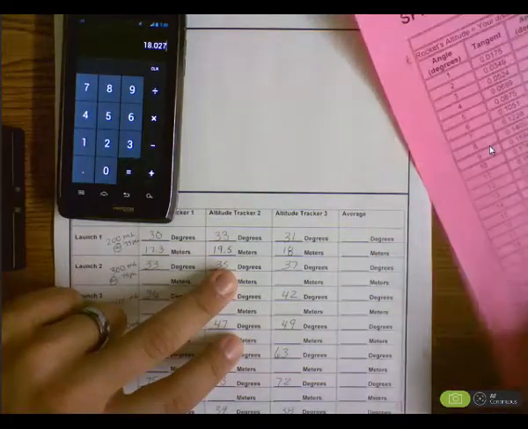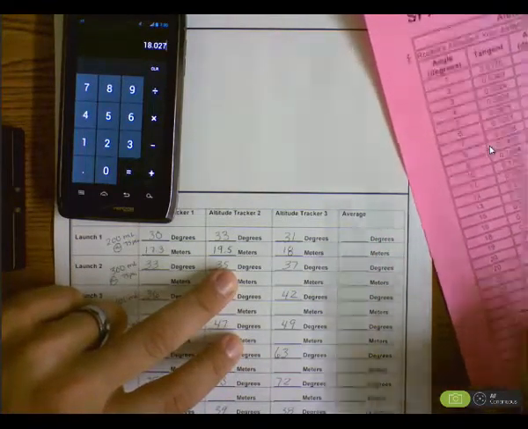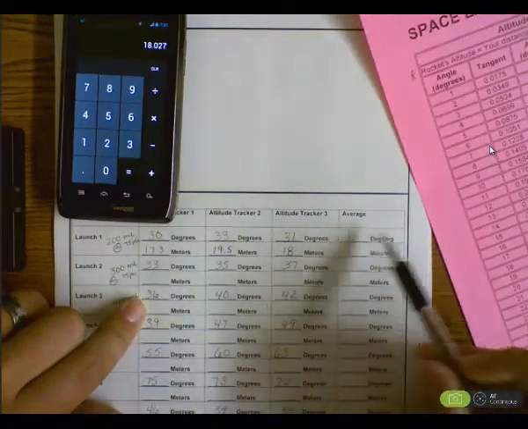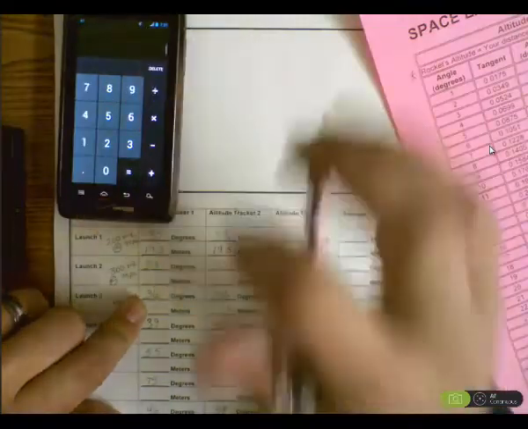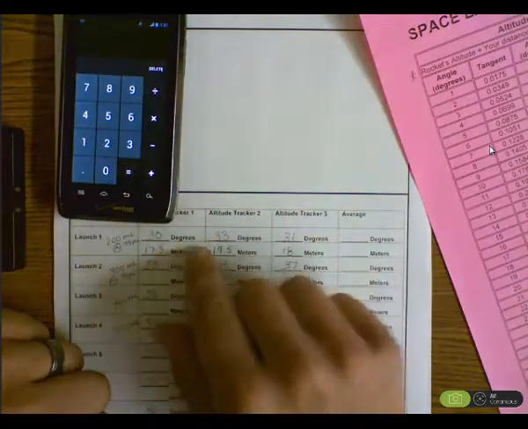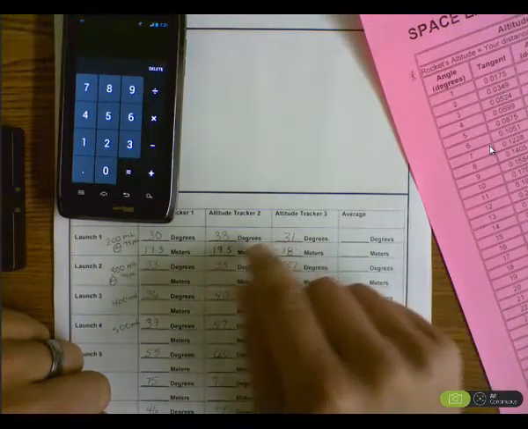Alright, now to check my work. I want to average the degrees to begin with. Remember, an average is when I take all of the numbers that I have, add them all together, and divide by the number that I added together.